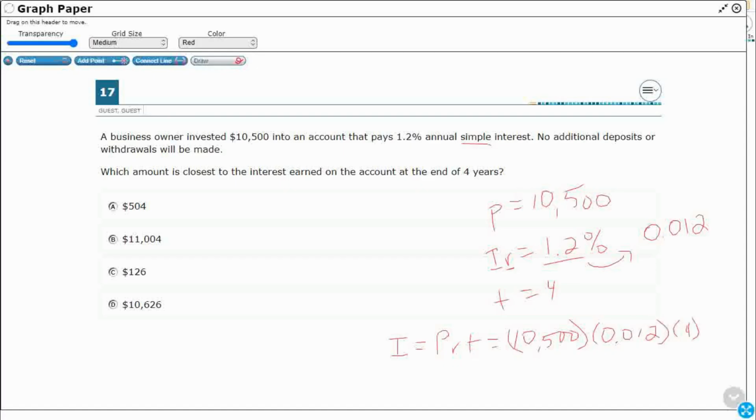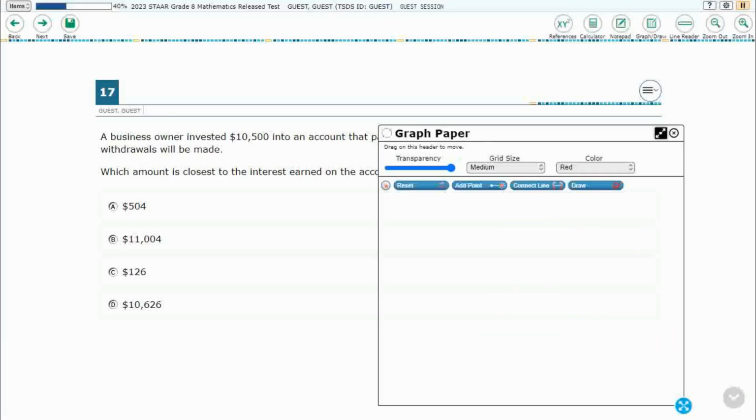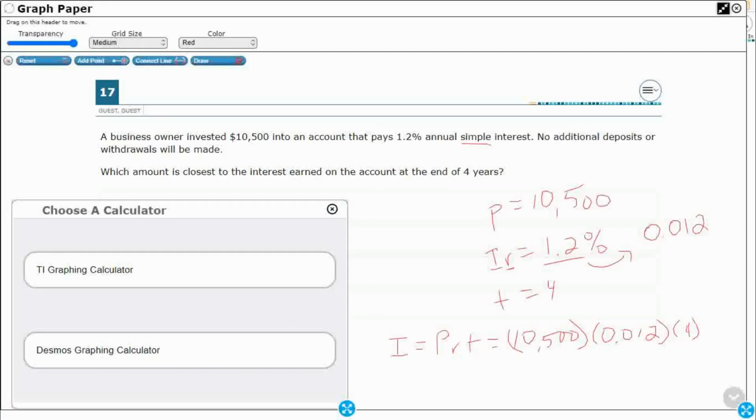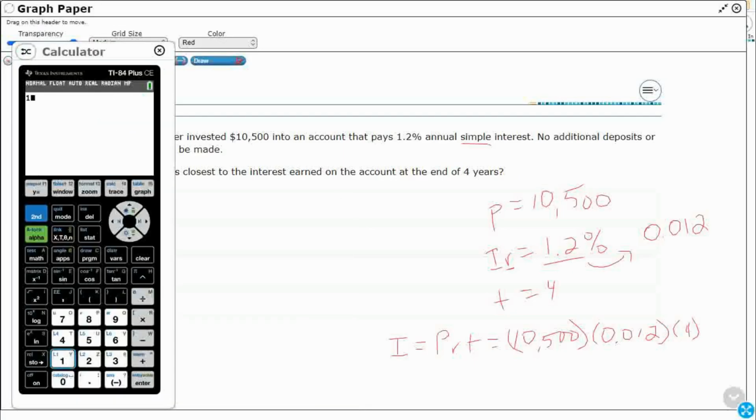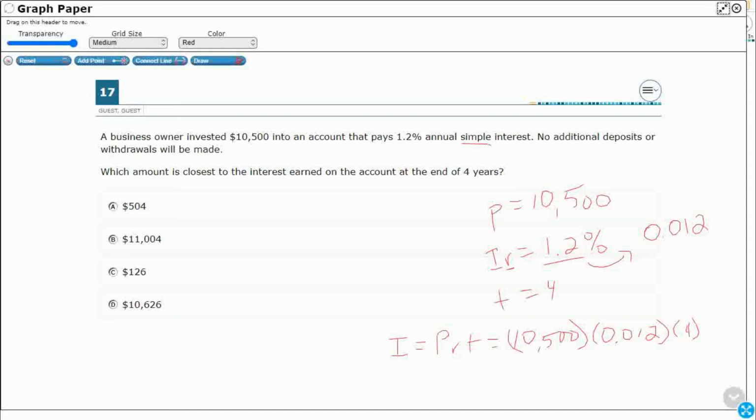And that is going to give us our interest. If we wanted the amount that would be left over, we'd have to add that principal back in, but they don't need that. So let's plug that into the calculator. We get 10,500 times 4 times that 0.012, and we get $504, and that's our answer A.